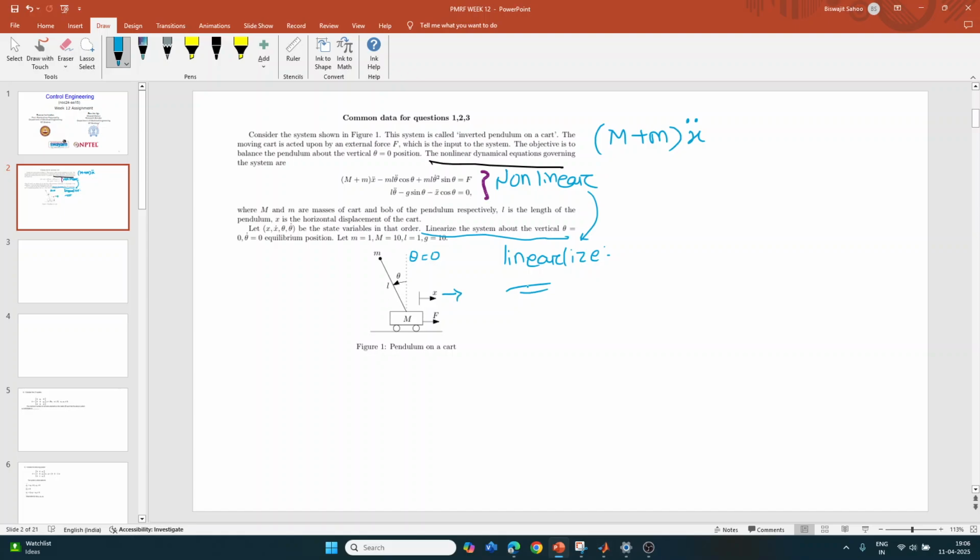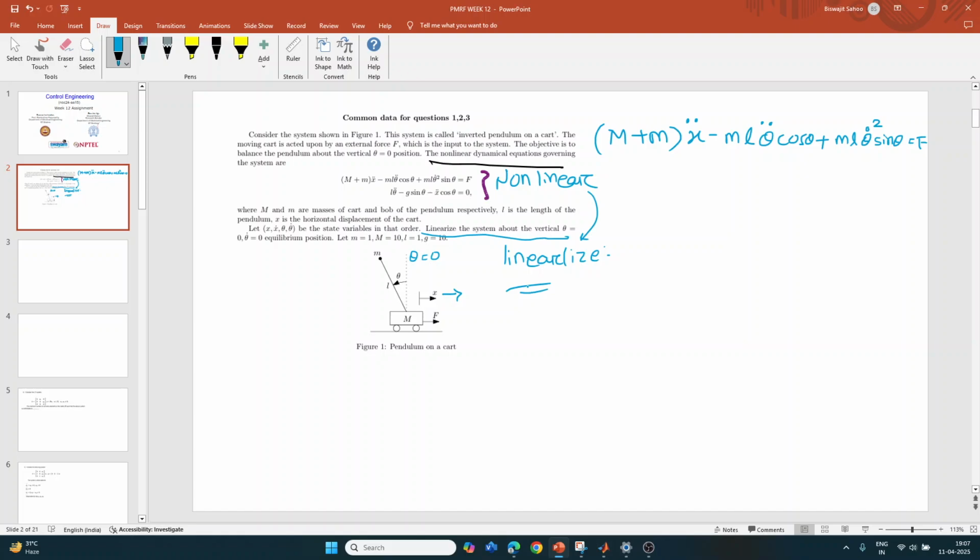Then plus m l theta double dot cos theta, where theta is the angular position of the pendulum from the equilibrium position, so you take its second derivative and multiply by cos theta, plus m l theta dot squared sine theta, equal to the applied force F. This is the only force applied from outside, the input of the system.